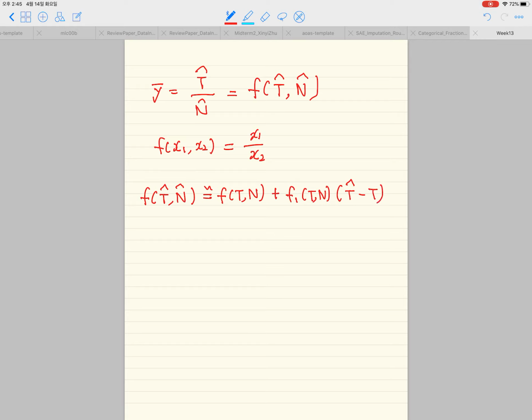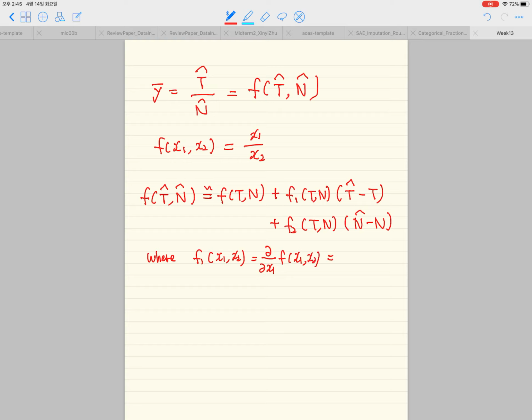Here f1 is, okay, what does that mean? f1 of x1, x2 means the partial derivative of f with respect to x1.